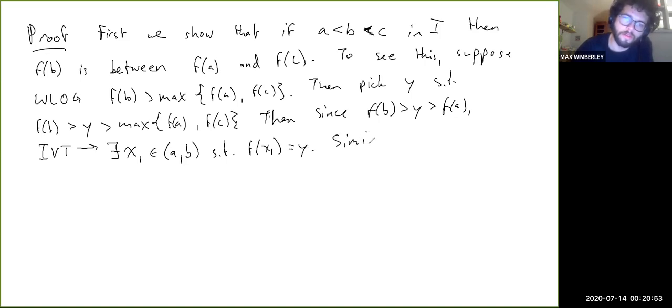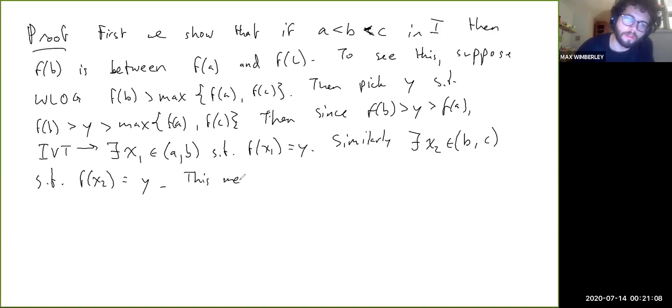Similarly, there exists an x2 in BC such that f of x2 equals y. This means f of x1 equals f of x2, but x1 is not equal to x2, violating injectivity.